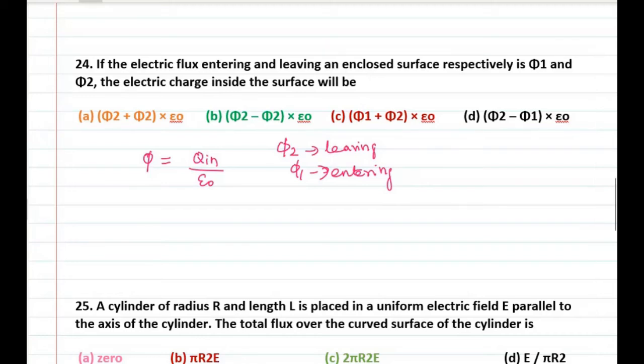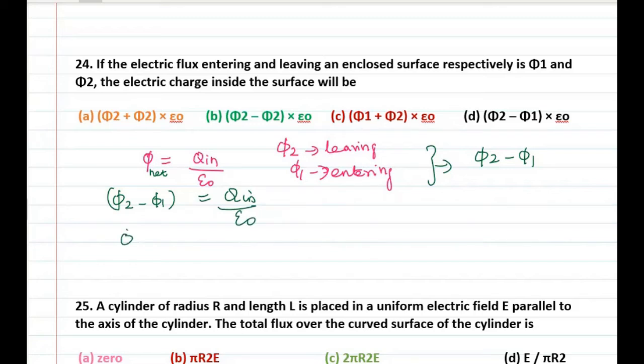So the net flux will be phi 2 minus phi 1. So phi 2 minus phi 1 is equal to Qn by epsilon naught. Therefore phi 2 minus phi 1 into epsilon naught will be equal to your total charge.